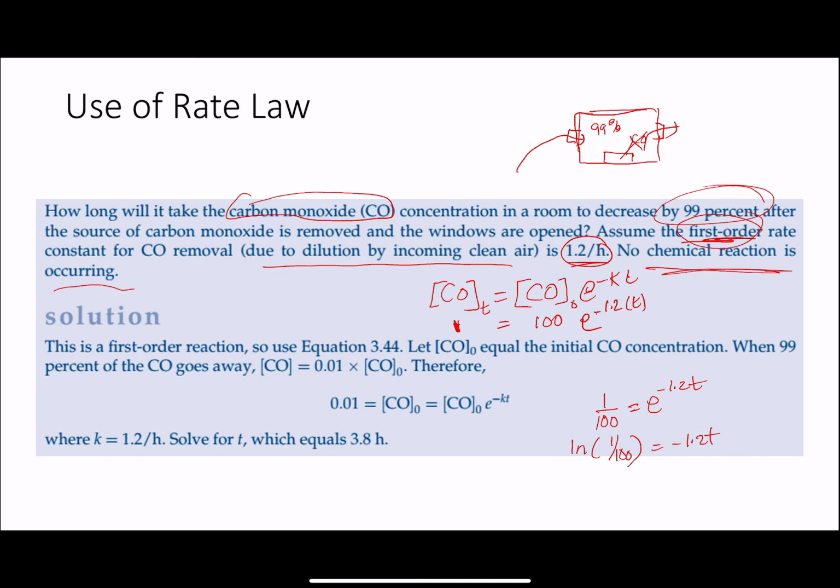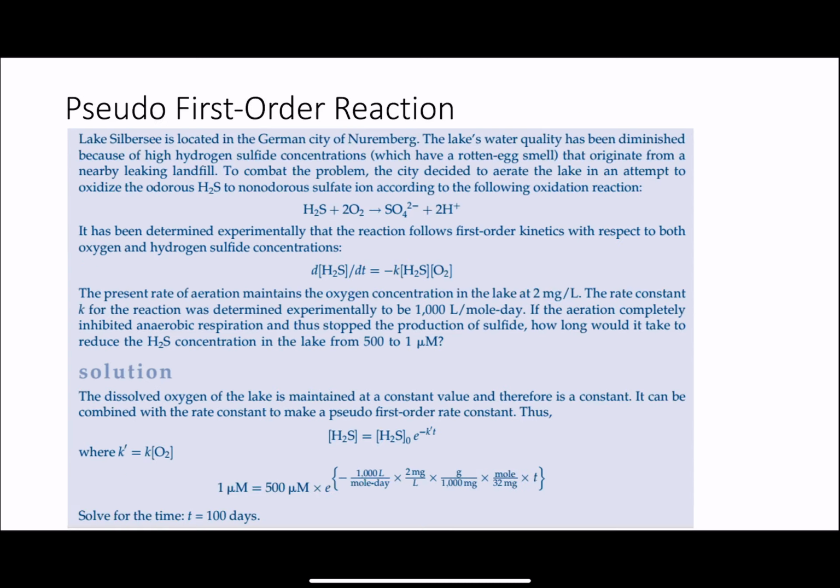So ln 1 over 100, and then t is equal to ln 1 over 100 over minus 1.2, and you will get the answer 3.8 hours, which means it will take 3.8 hours for this carbon monoxide to clean up from the room if you are wanting 99% removal of carbon monoxide from the room. I will let you do the rest on your own because it's simply the same thing, and you could redo this on your own if you want to.